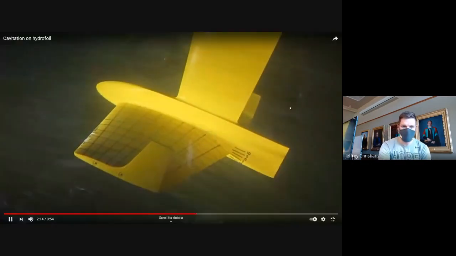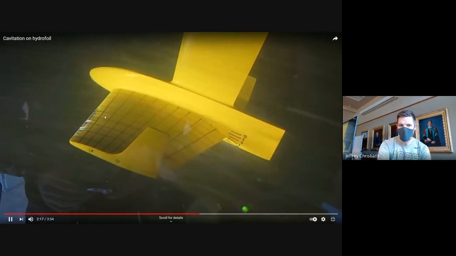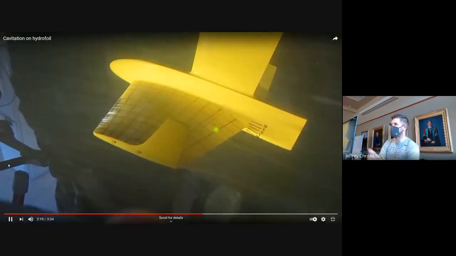There, you start to see it right there. Right at that front leading edge where we get the lowest pressure. So that's a vapor bubble. It's boiled water.